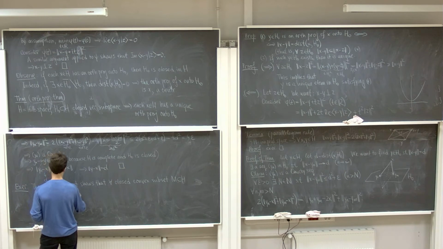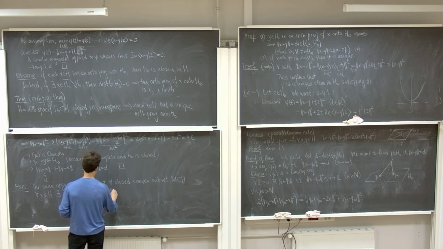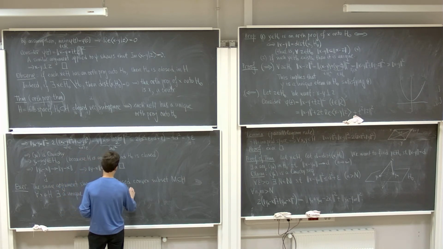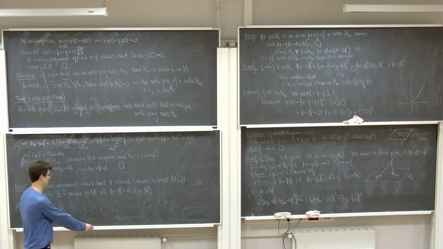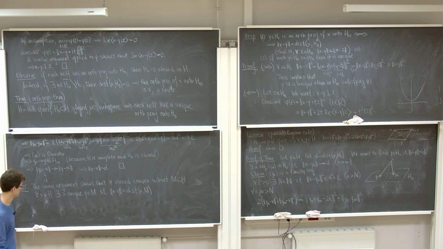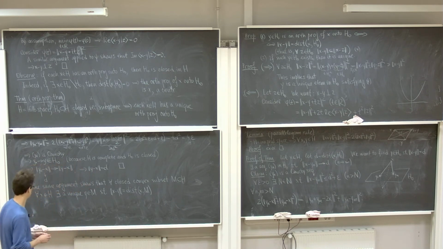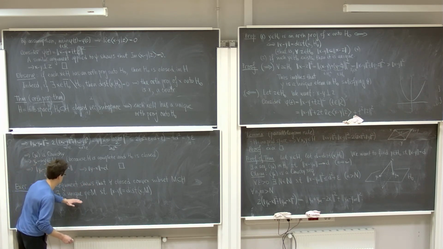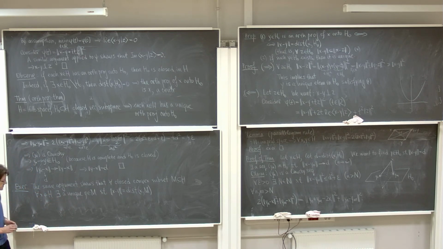There is a unique y in M such that the distance between x and y equals the distance between x and M. Formally, we proved this only in the case where M is a closed vector subspace, but actually a similar argument shows that the same is true for each closed convex subset. So the exercise is here. The proof of the existence is identically the same, but the proof of the uniqueness is a little bit different in the case of convex sets. But it is rather easy.